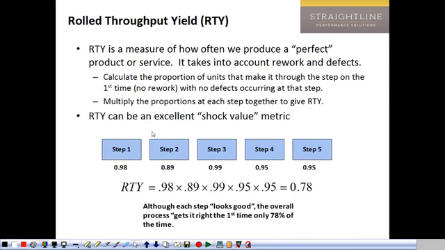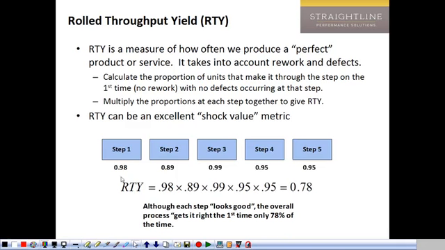Rolled throughput yield is essentially the amount or the percentage that gets through a process without ever having to be reworked or scrapped. Okay? Very often, if you look at a process, its rolled throughput yield is so small that the stuff that actually gets through without error is a very low percentage. Here I've put just a 5-step process, and a lot of times processes are much more complicated than this.